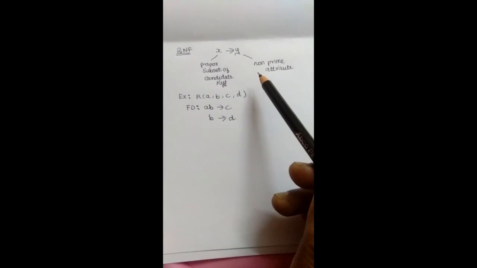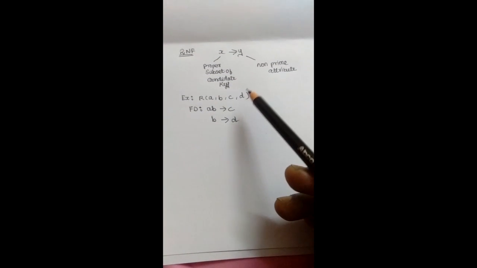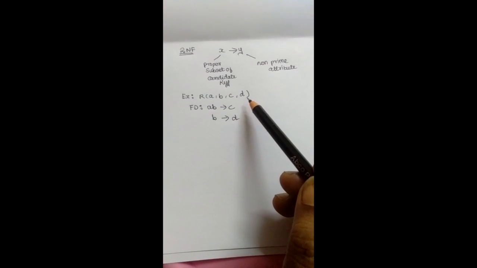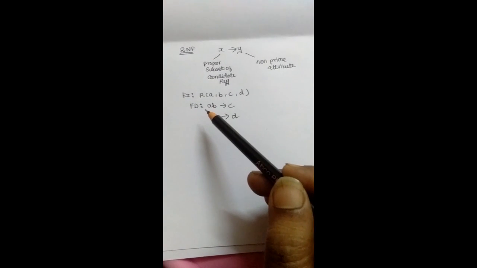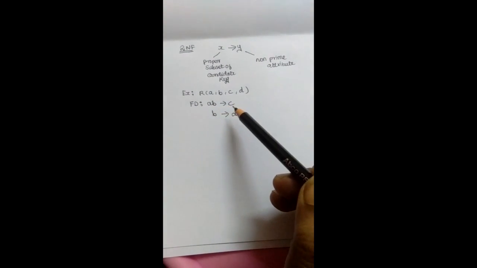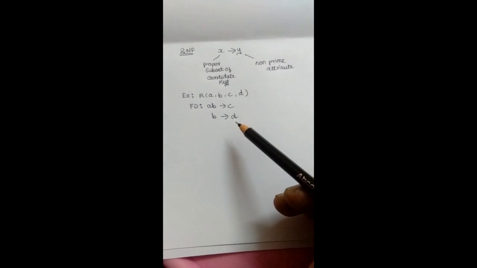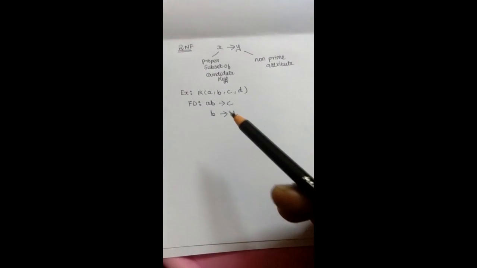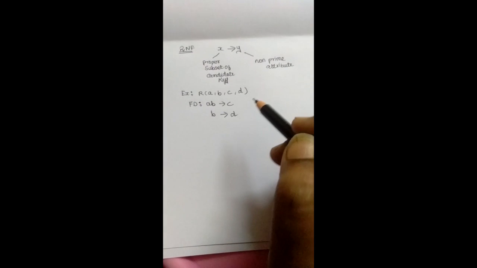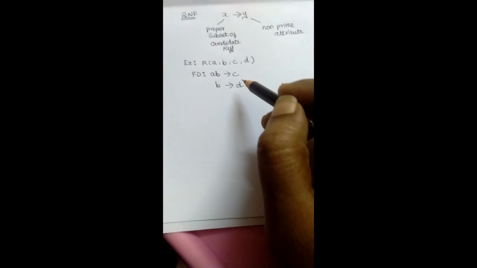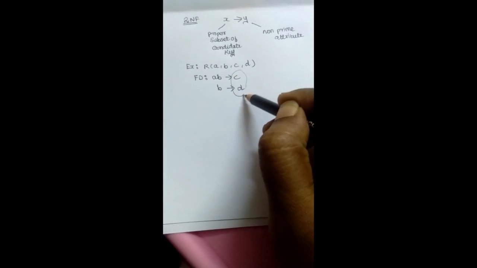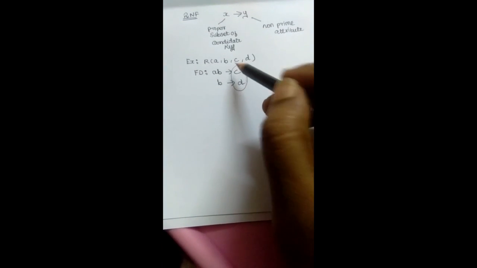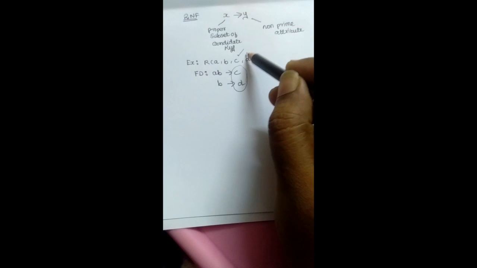For example, consider the given example A, B, C, D, and the functional dependencies AB tends to C, B tends to D. Now we need to identify the candidate key. Considering the right hand side part, the C variable exists, the D variable exists, and remaining we have AB.